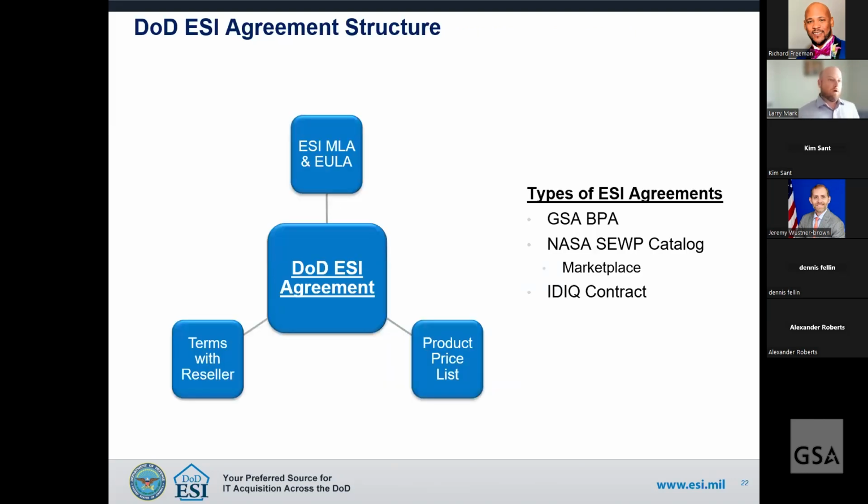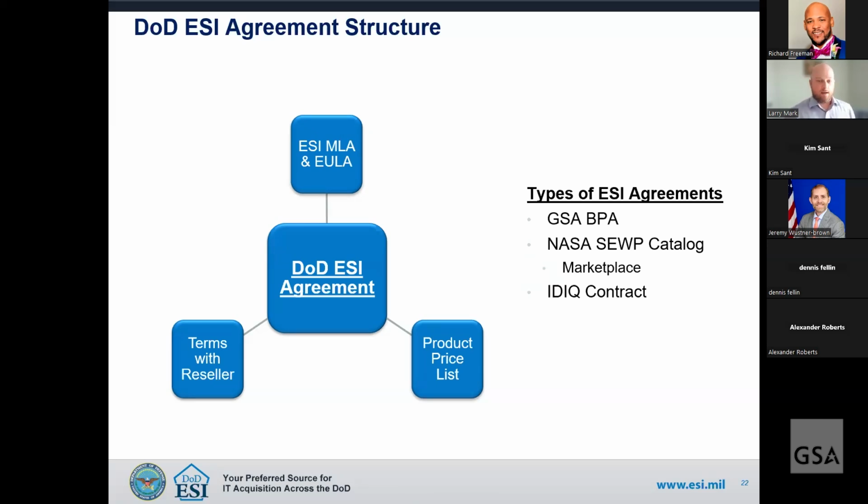So how are the DoD ESI agreements structured? We have really three different ways we put these agreements in place. Primarily, most of them are GSA BPAs. They've been available through GSA BPAs since the very beginning.